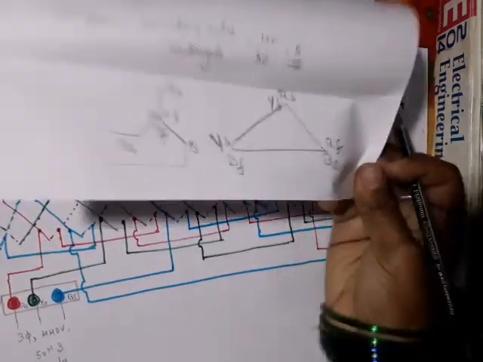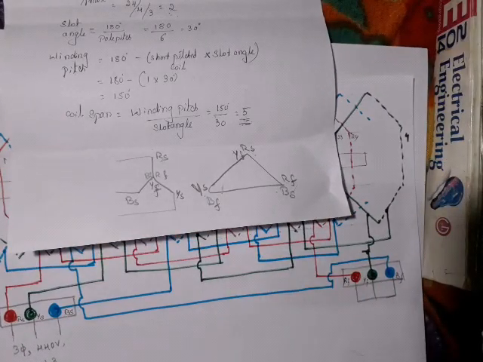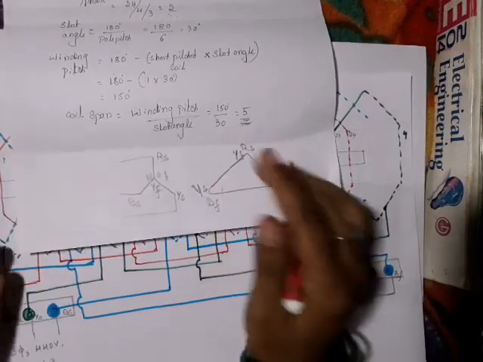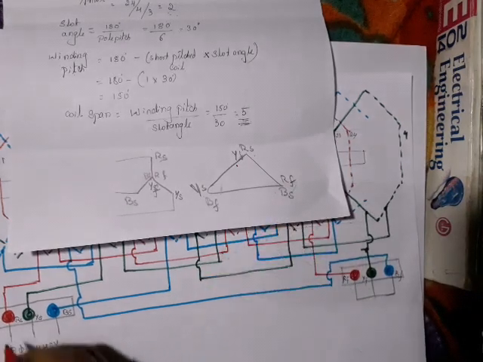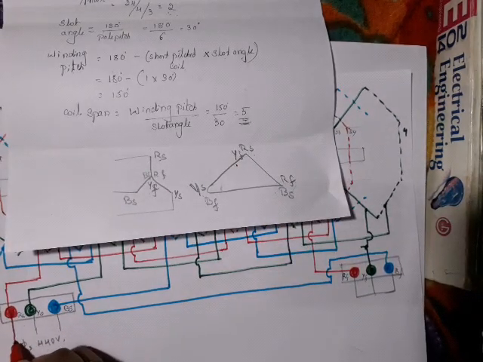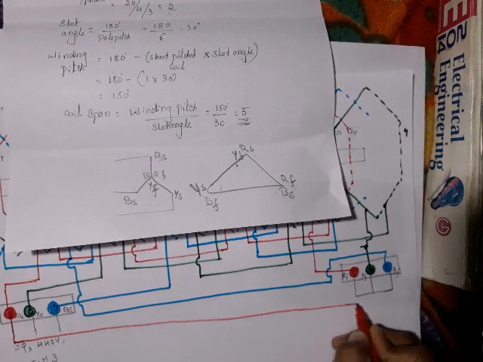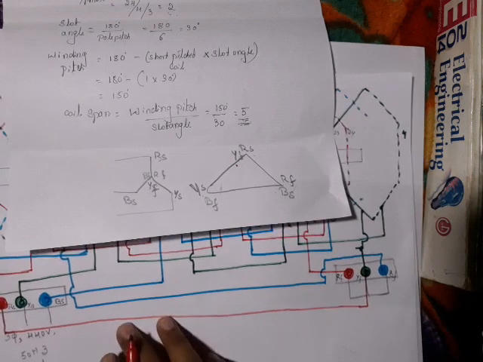So now forget the pencil writing. I'll show you how to make this connection as delta. Take a red color. See, RS is connected to where? YF. Done.